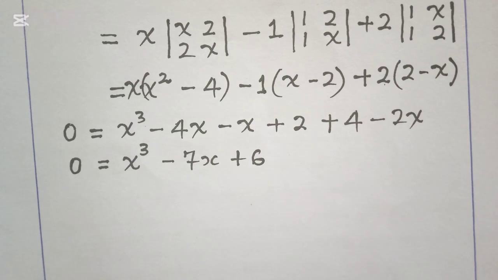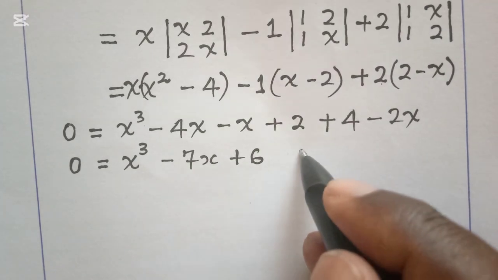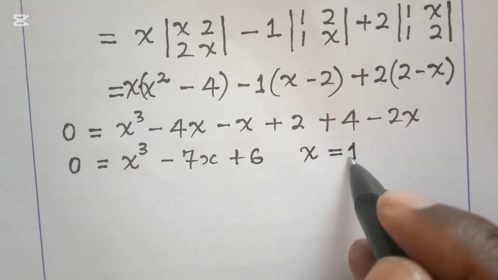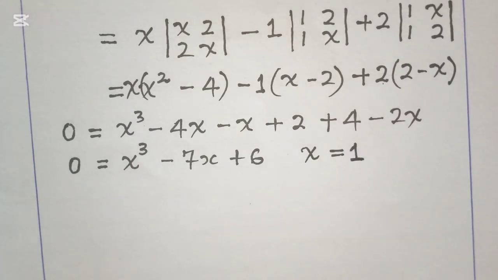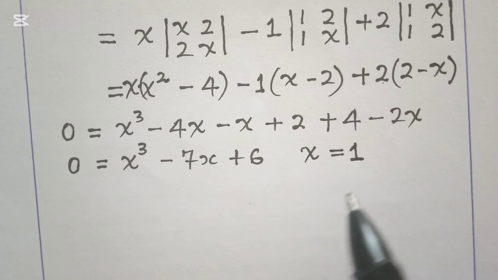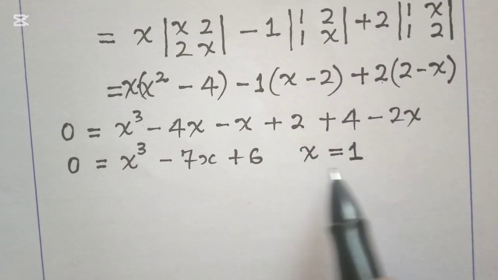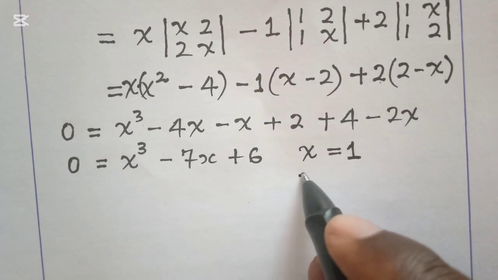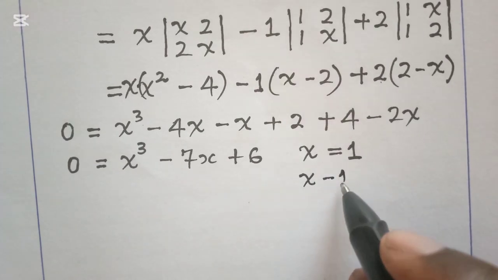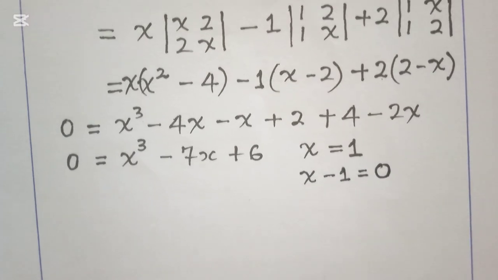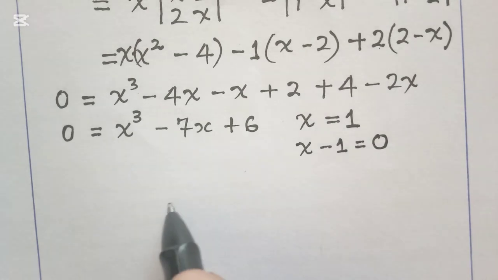Meaning that one of our solutions, even without saying, is supposed to be x equals 1. That was just by trial and error. But having one answer, I am able to find all the other answers. Because what I will do is come up with the factor, and the factor for that is going to be x minus 1, which is equal to 0. So now I come and divide my equation.